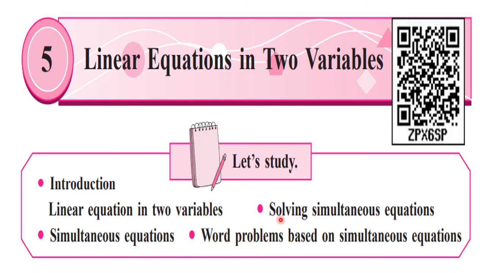Then afterwards we started with the methods to solve simultaneous equations. I told you that there are two methods of solving simultaneous equations. First one is the elimination method and second one is the substitution method. But the second method is under the reduced syllabus because of this COVID-19 pandemic, so that particular method is not there.